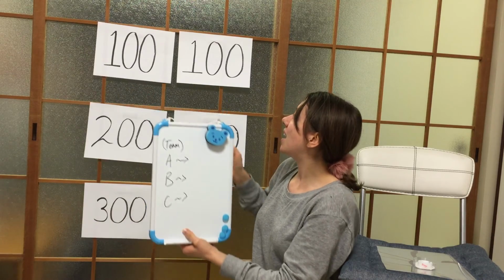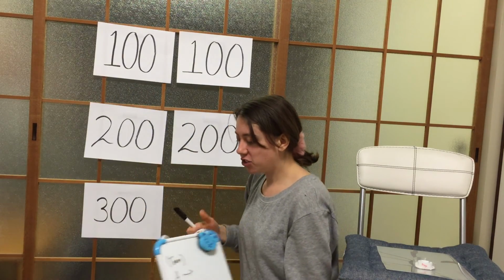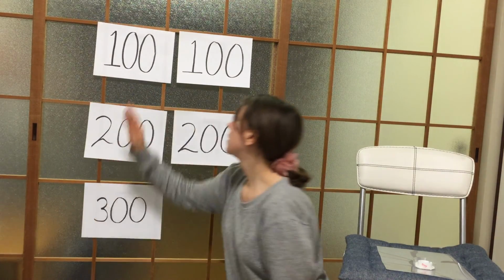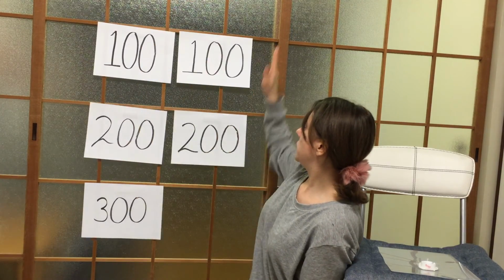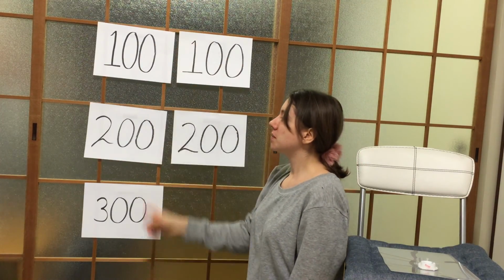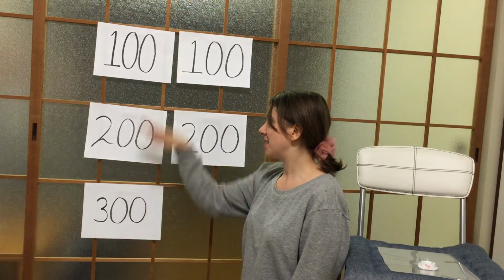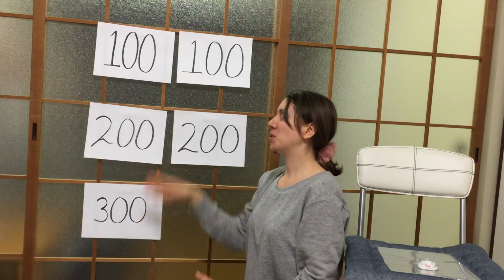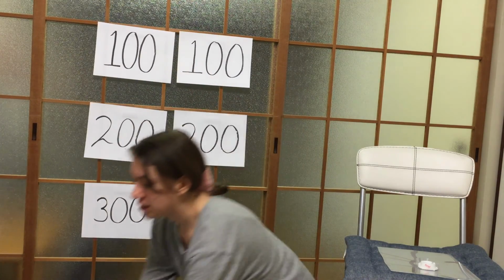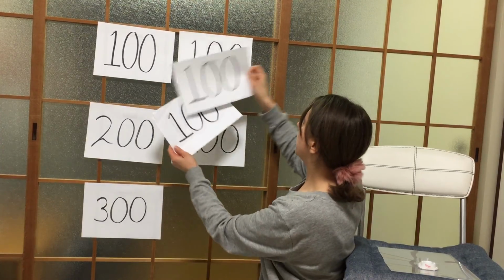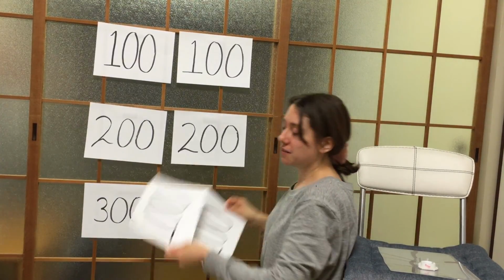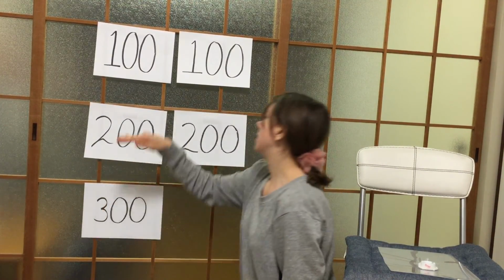But anyways, now imagine you have 5 columns of numbers 1 to 500. I don't really have a lot of space here, so that's why I only put up this amount. But usually you would have 100, 200, and so on up to 500. So these are the amount of points that the students can get.